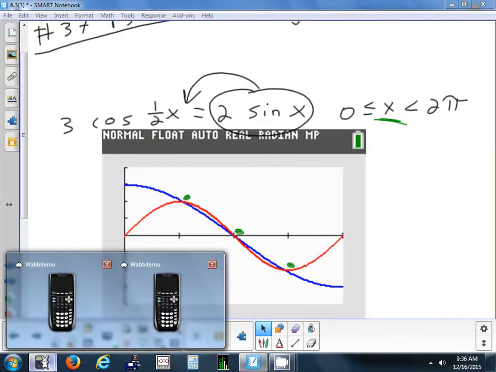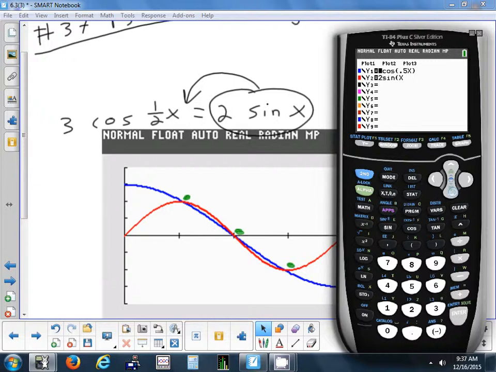Okay, so if we subtracted it, which I'm just going to type quickly like this. I'm going to take 3 cosine 0.5x, which is y1, and I'm going to subtract 2 sine x, which is y2. I could retype it all in, but that's just a little faster. I'm going to shut off that and that. Now I'm going to graph it, setting it equal to 0, and look at how many times it crosses the x-axis.